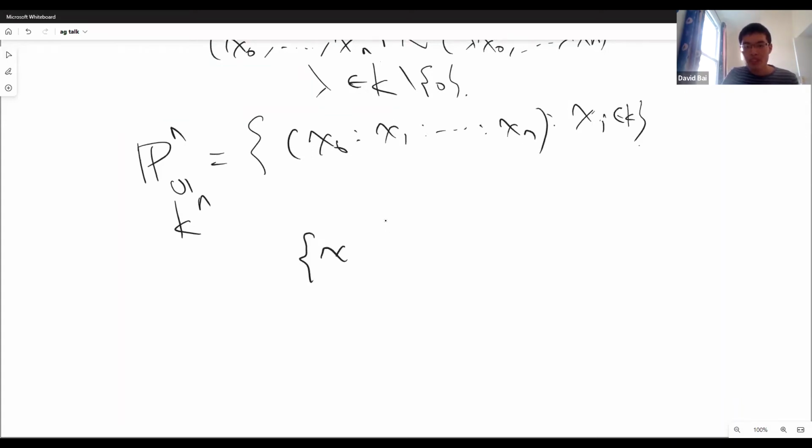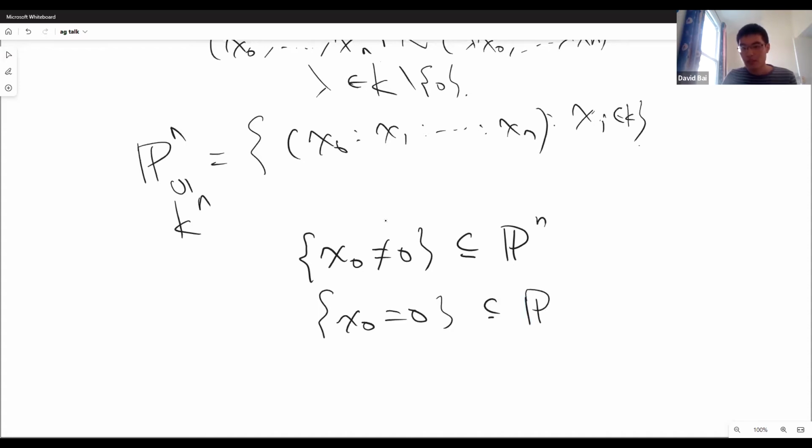We first consider the set where x0 is non-zero. This is a perfectly well-defined set in Pn, because if x0 is non-zero and you multiply it by a non-zero scalar, it's still non-zero. Likewise, x0 equals 0 is a perfectly good well-defined set in Pn.